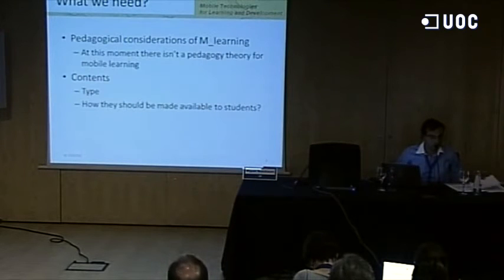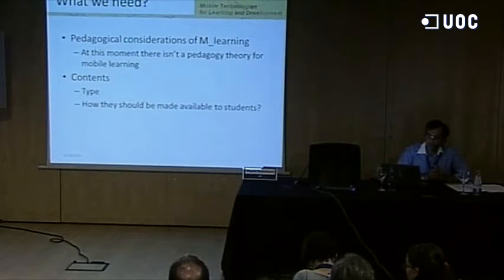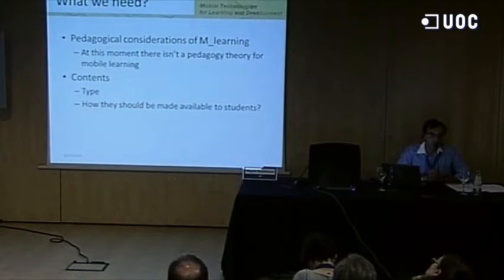So what do we really need? We need a good pedagogic theory, which there isn't at this moment for mobile learning. There are a lot of theories, but the one theory that we should follow in our classes is not there. But the most important thing at this moment is the contents.